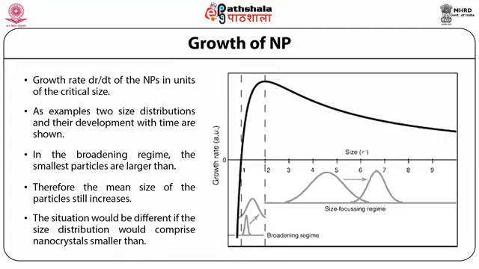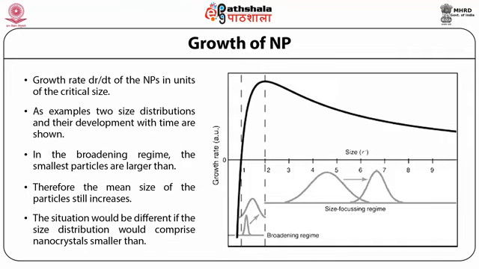During the run of the synthesis, the critical size increases, and as soon as the size of maximal growth rate 2r star has reached a value situated in the lower end of the size distribution of the nanocrystals, the system enters the broadening regime.